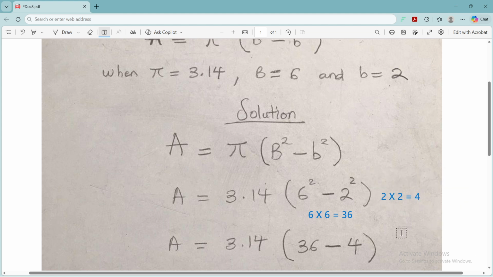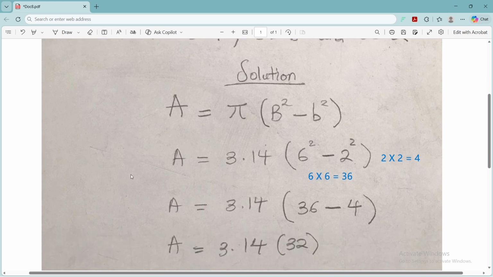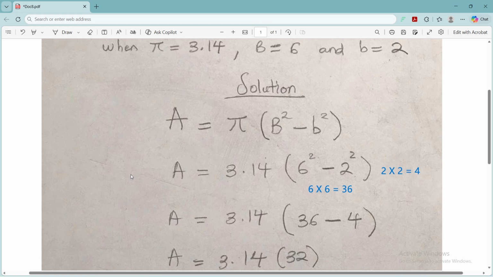In simplifying further, we have A equals 3.14 multiplying 36 minus 4, which is 32. So 36 minus 4 gives us 32, and we have a new equation: A equals 3.14 multiplying 32.